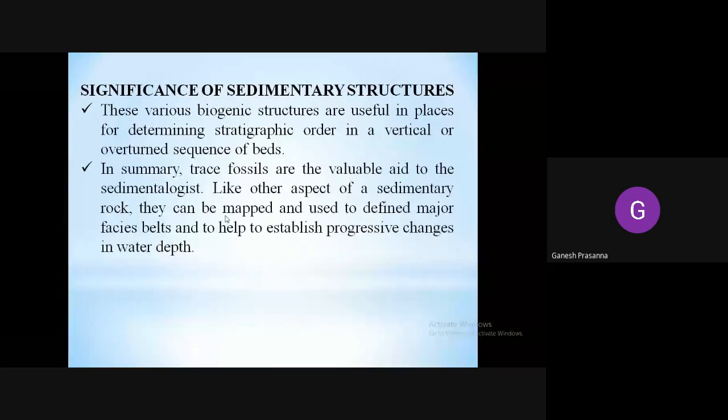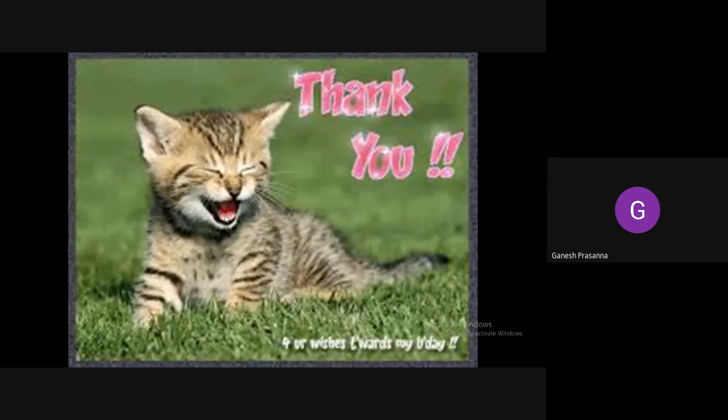Fossils are very valuable aids to the sedimentologist, who maps them and uses them to establish changes in the depth of the water column. That is how these sedimentary structures are very important.